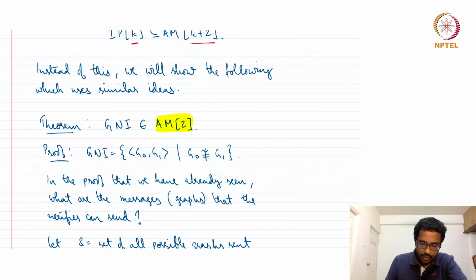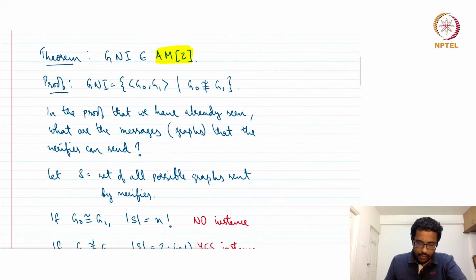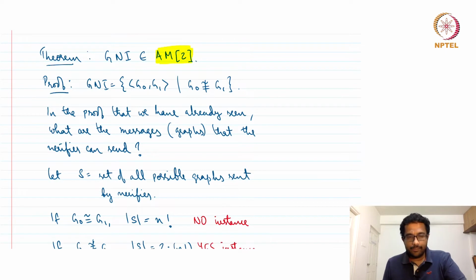Let us recall what graph non-isomorphism was. It consists of 2 graphs, G0 and G1, such that they are not isomorphic, and we saw this in the previous lectures. So what was the earlier protocol?